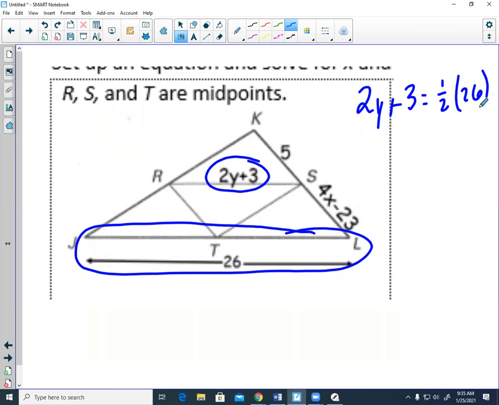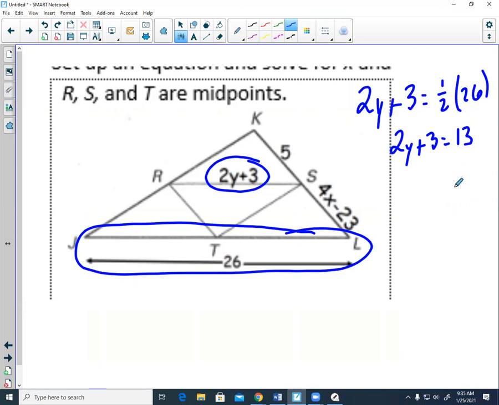I just used my words, and instead of actually saying the words like side is half of side, I just put in the algebra. So this side was 2y plus 3, and that equals half of this side, which is 26. So now when you solve this, you get 2y plus 3 is equal to 13. And then it's just an algebra equation to solve from that, which I hope that we can do, right?